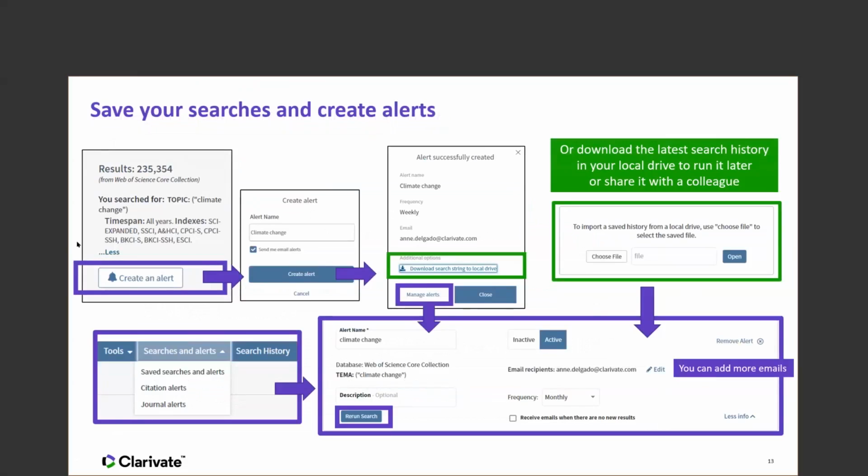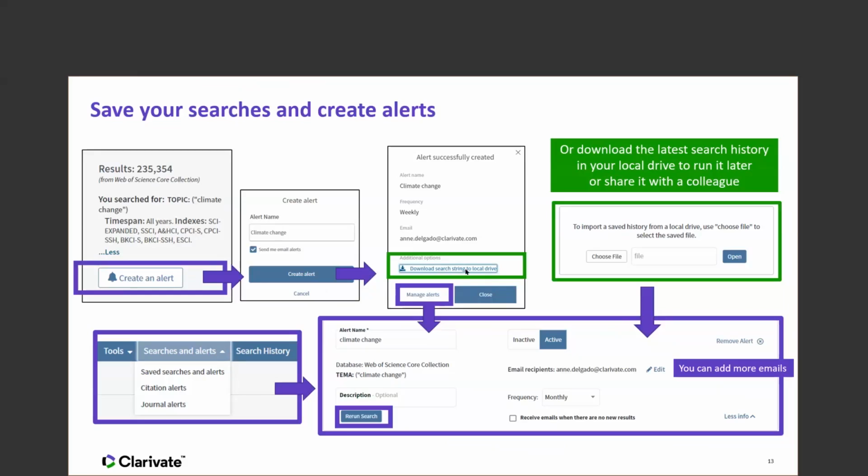We've done this: create an alert, give it a name, and we arrive to this message, alert successfully created. I have closed this page, but if I keep it open, I have something here that is called download search string to local drive. It's a little bit hidden, but this is where it is.